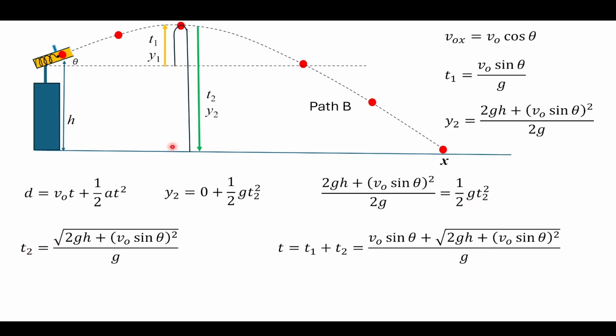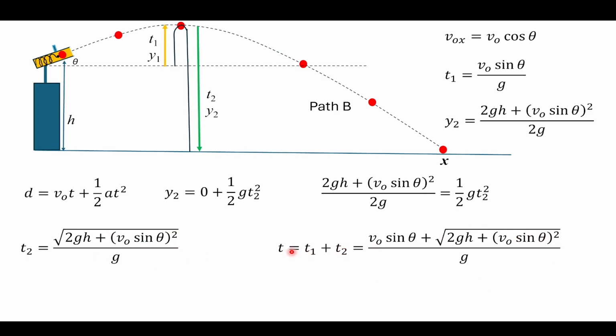So the total time the ball will be in the air is t1 plus t2. And t1 will be v0 sine theta over g, so that's this component, plus t2, which is this component. And this is the total time.